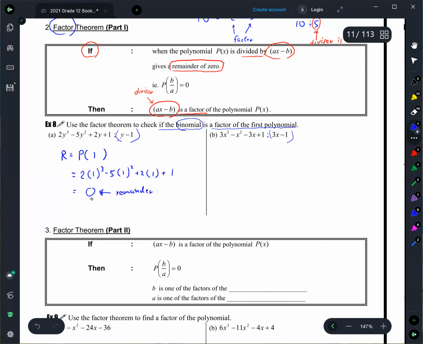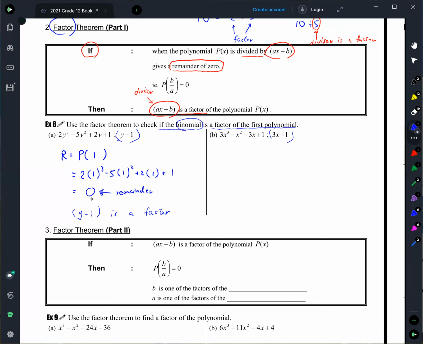So if the remainder is 0, is the y minus 1 a factor? Angela? Yes. Yes, okay. So you just say y minus 1 is a factor. Okay, that's all you need to check. You want to make sure the remainder is 0 or not.